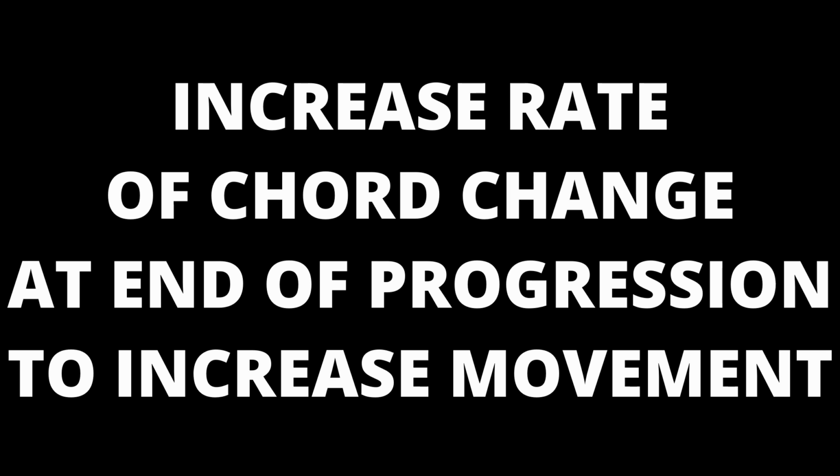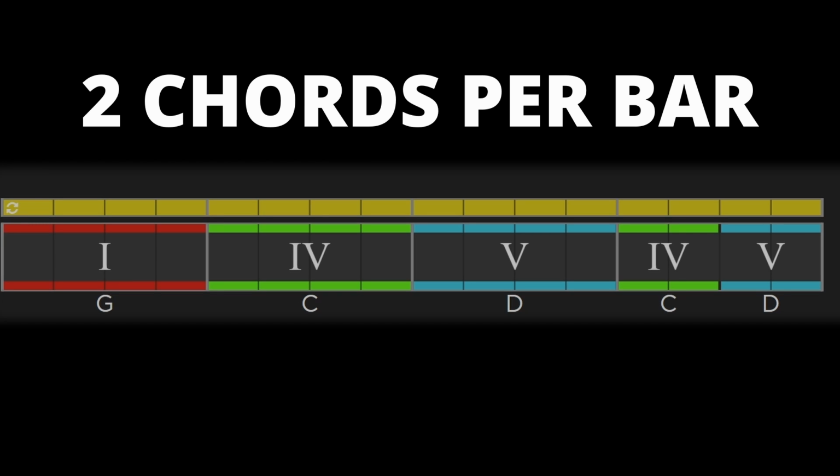If we change the rate of chord change at the end of a sequence, it can create movement. For example, in bar 4, before we move back to the one chord, we change to 2 chords in a bar.